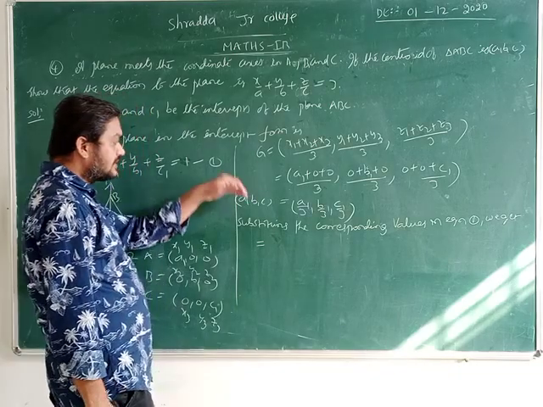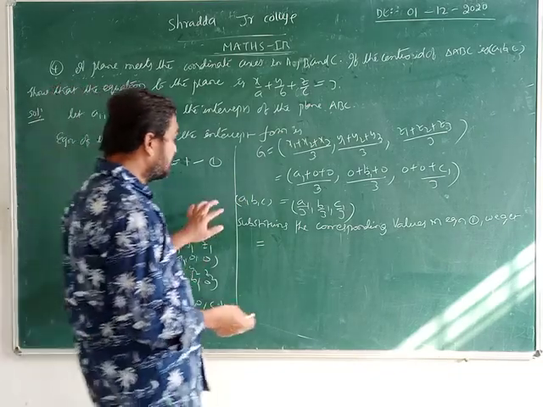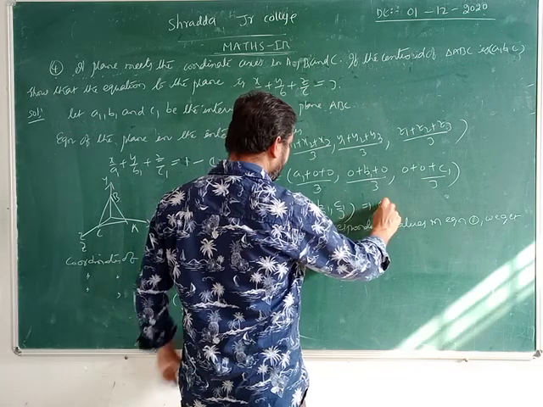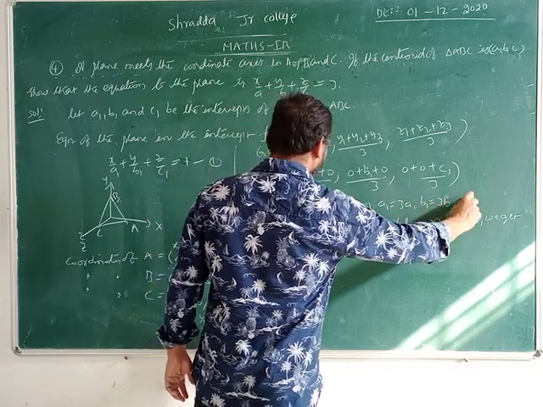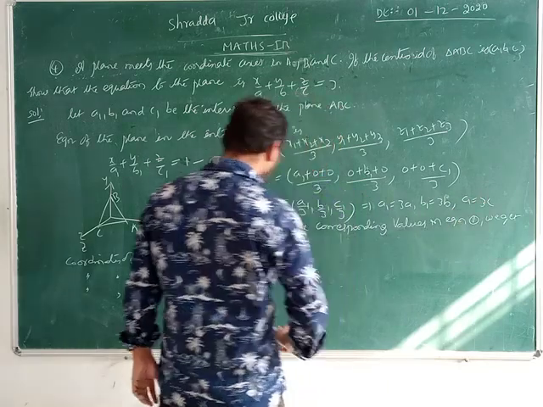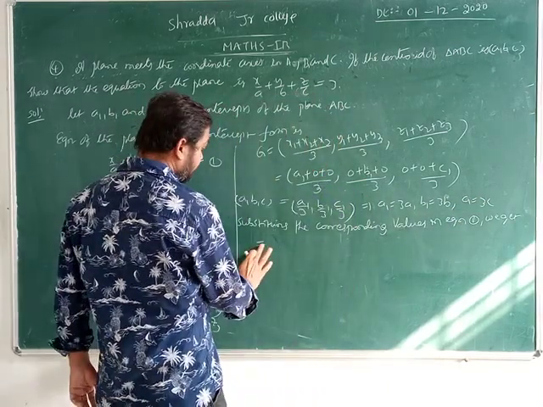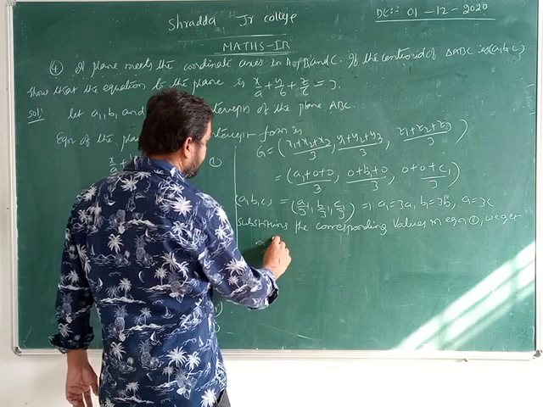These are the centroid, that equals a, b, c. Then we get a1 equals 3a, b1 equals 3b, c1 equals 3c.